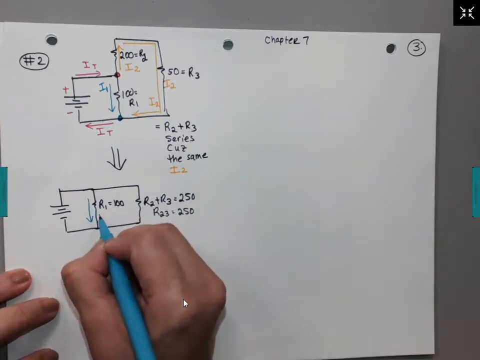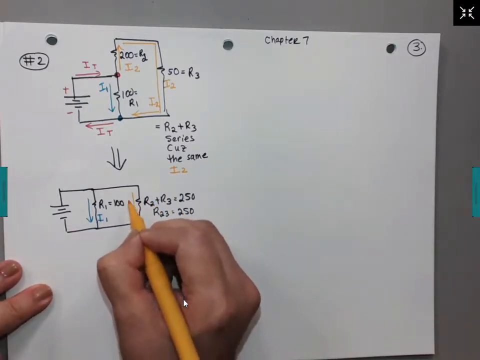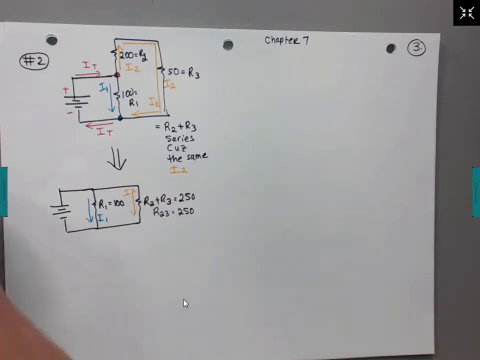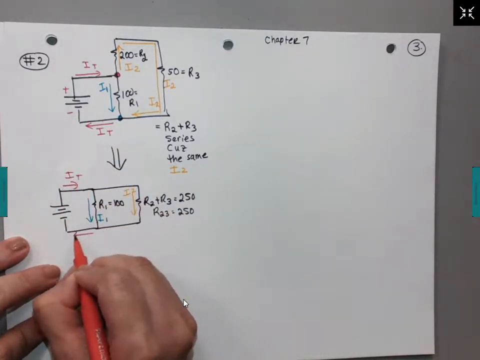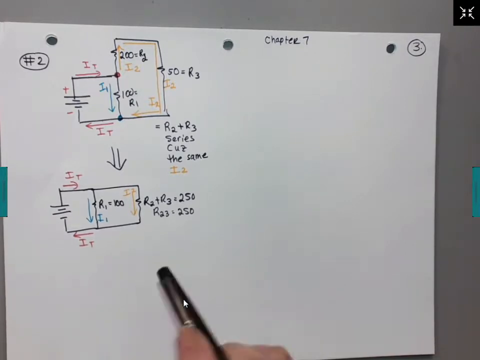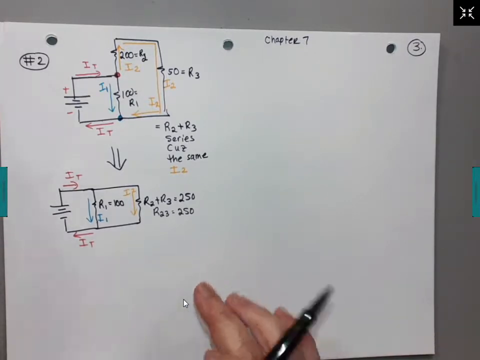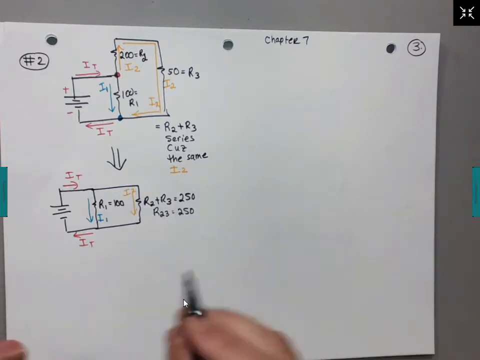They are in parallel. There is I1, there is I2, and there is my IT. It's recognizing what's in series and what's in parallel. This is going to differentiate the men from the boys and the women from the girls. This is no joke. You need to understand this, because I will know right away if you know what you're doing on these electronic circuits.